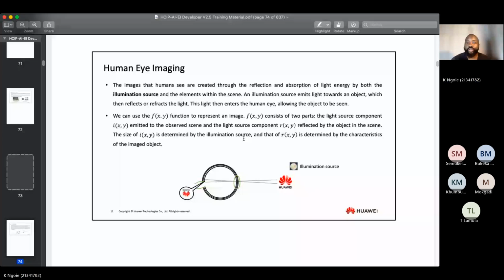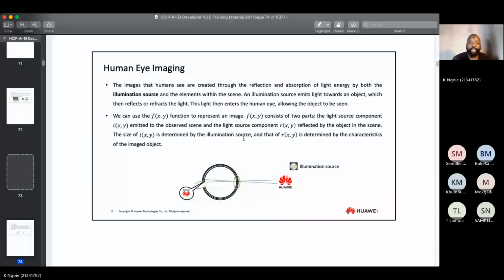That's the reason why in the dark you can't see. It doesn't mean your eyes don't work anymore. Your eyes still work the same, but you can't see in the dark. Why? Because there is no light being reflected. So your eyes need a source of light reflected from a certain object. Then you can see that object. Then your brain can say it can see the object.